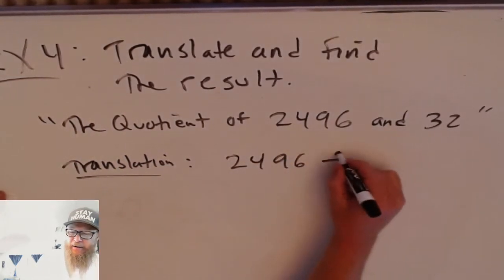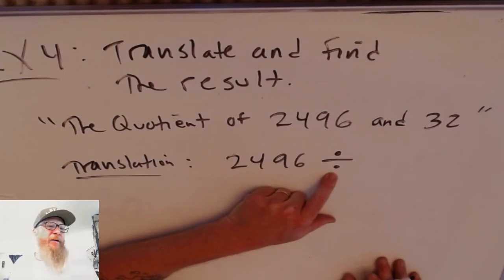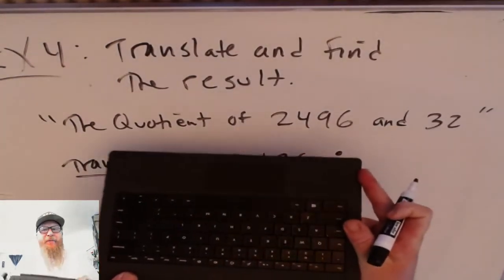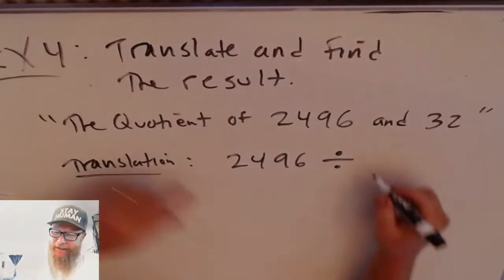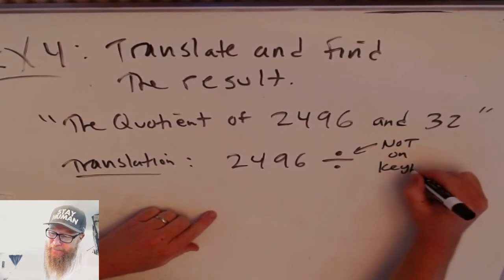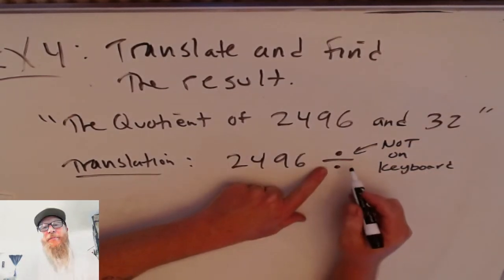2496. Now, this is what we often refer to as the old school division sign, but you won't find it anywhere on your keyboard. I don't know why, but it's not on the keyboard. You might wonder where this symbol comes from.